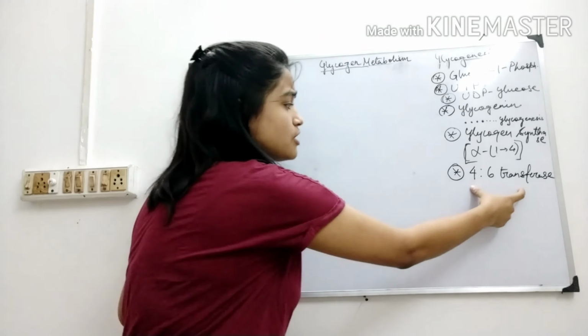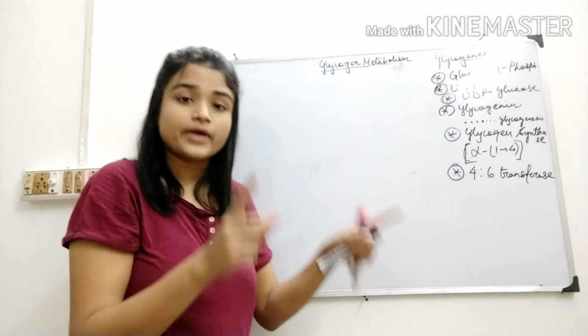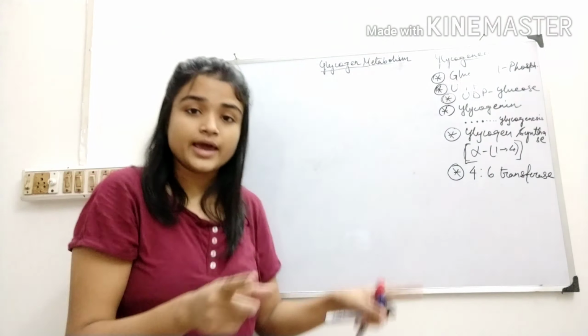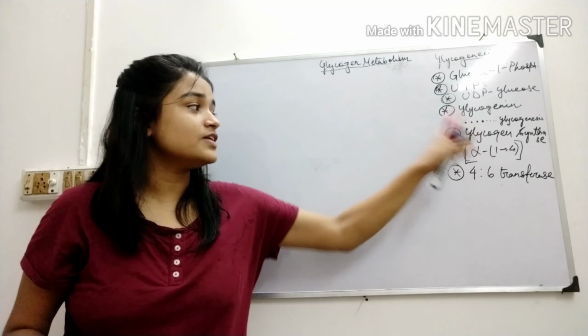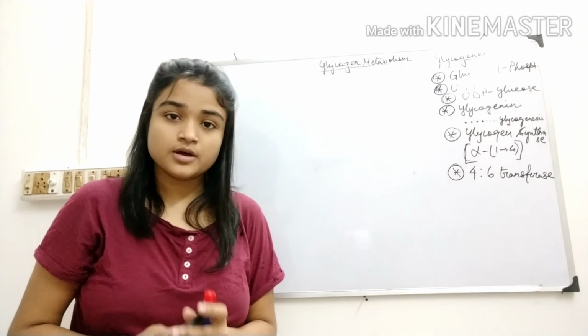The function of this enzyme was to break 6 to 8 units of glucose from the chain, and then attach it to a non-terminal carbon of the chain, forming alpha 1,6 linkage. Thus the branching will be formed, and the elongation of that branched part will be done by glycogen synthase.